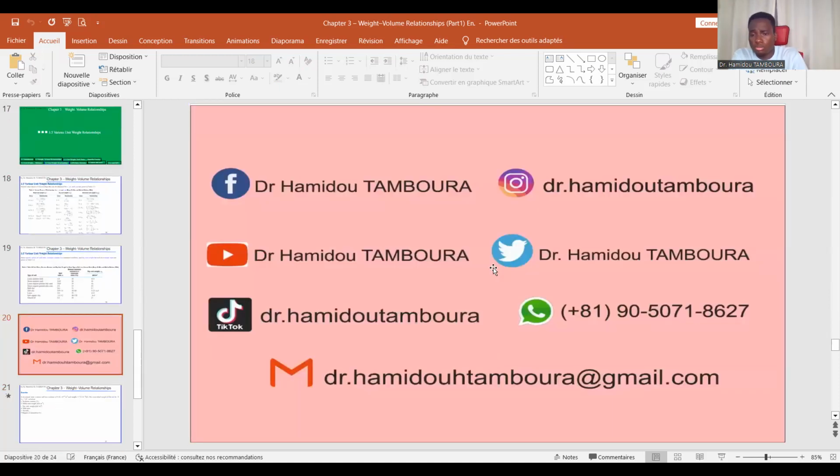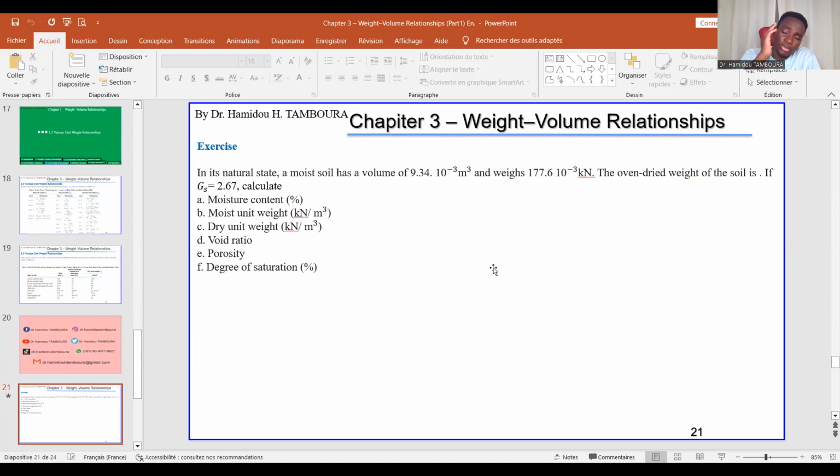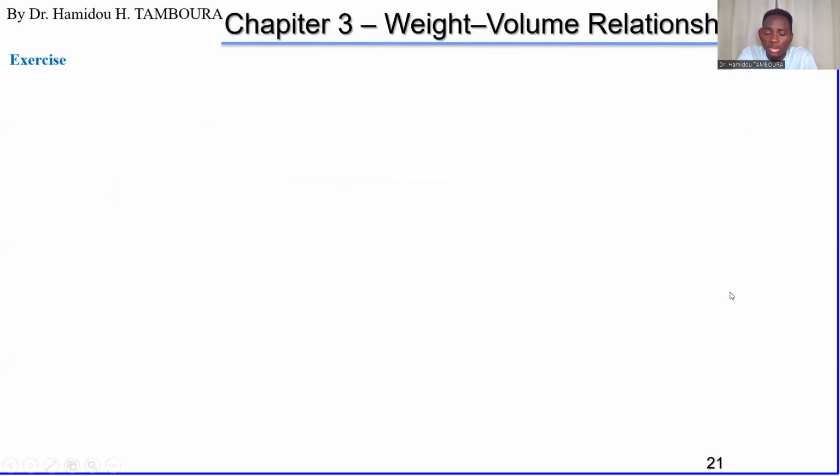So today in this video I would like to do one example and show you how we can apply those formulas directly in an exercise or in a practical case. Here is the exercise we have.